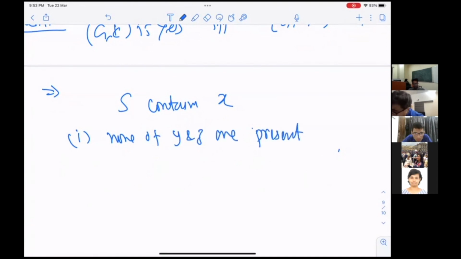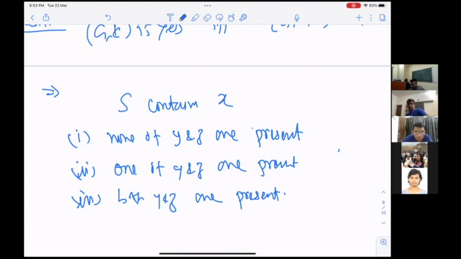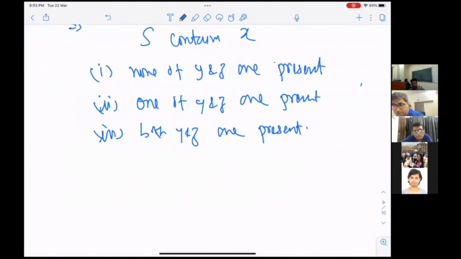The second case is that one of Y and Z is present. And third, both Y and Z are present.